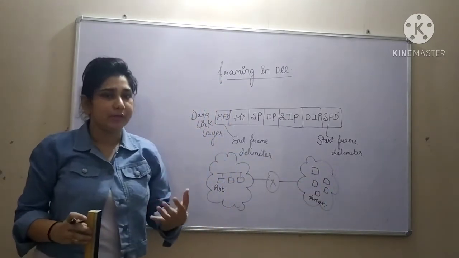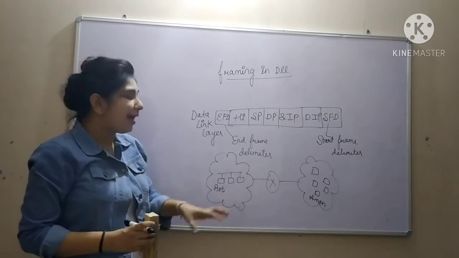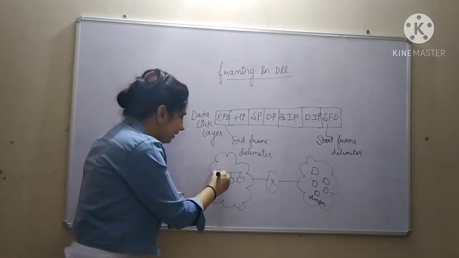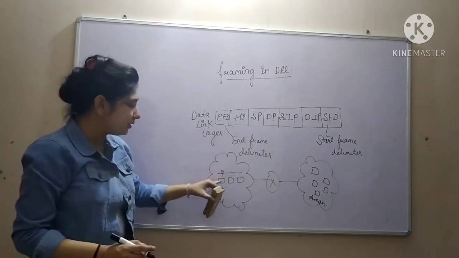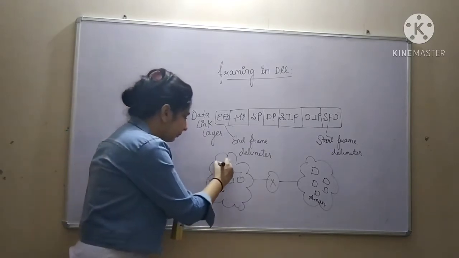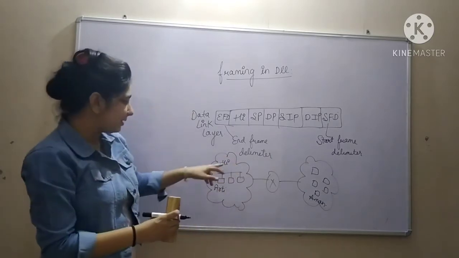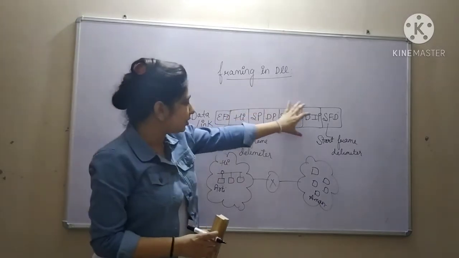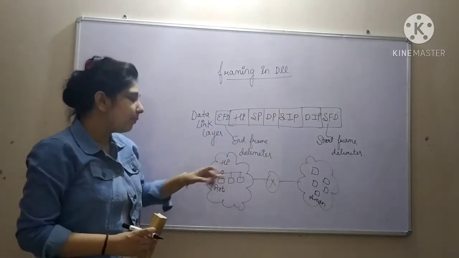So when I am sending my message, "hi", I am adding the destination IP address to this message. All this information I am embedding with this message.